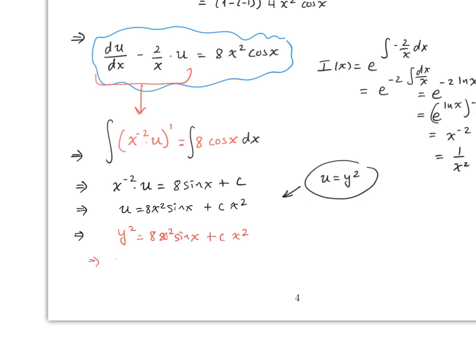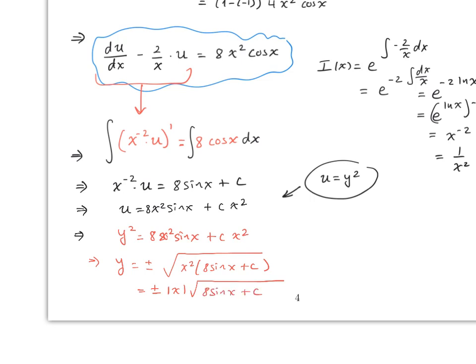And then you can take the square root, so it will be plus or minus the square root of, I guess you can factor the x squared. This will be a sine of x plus c. This is plus or minus the absolute value of x times the square root of a sine of x plus c.